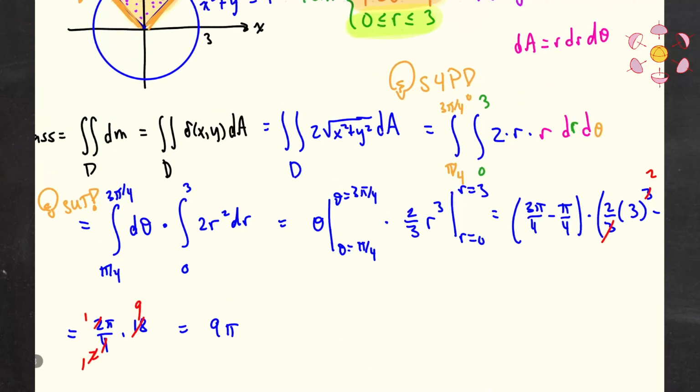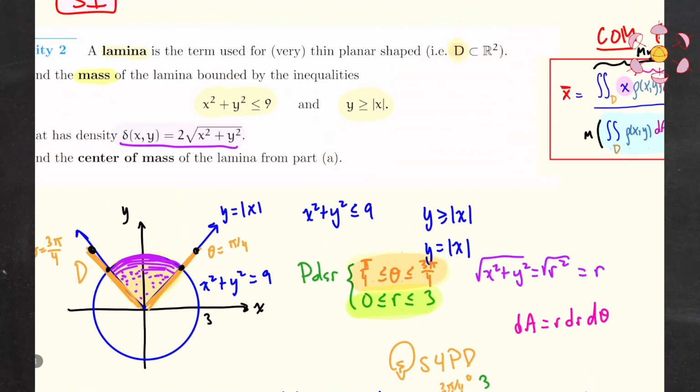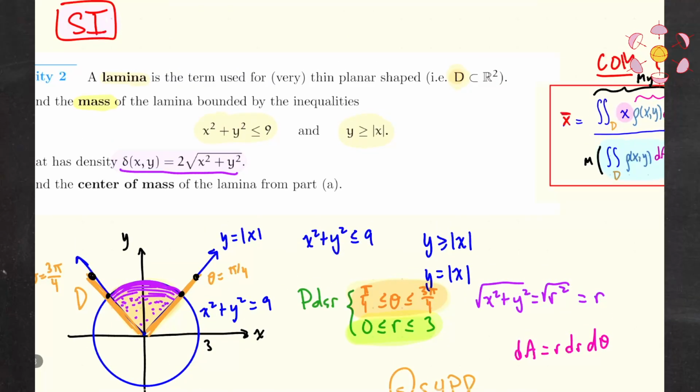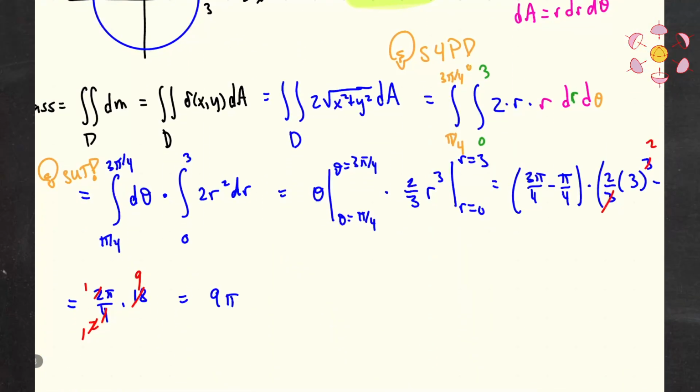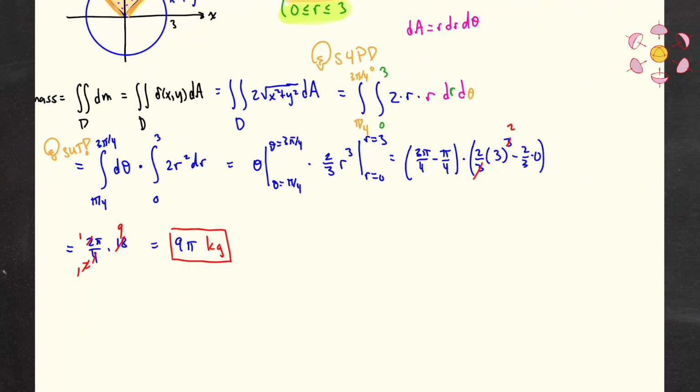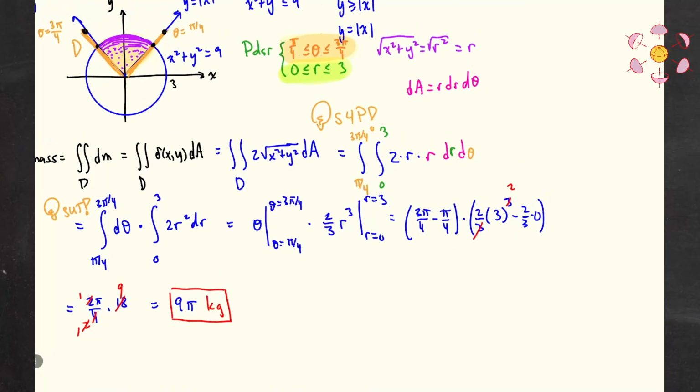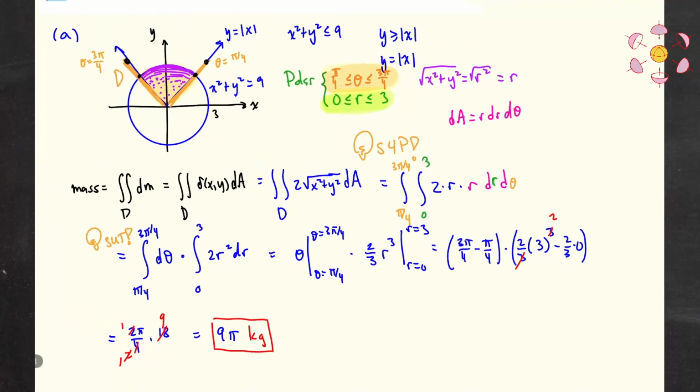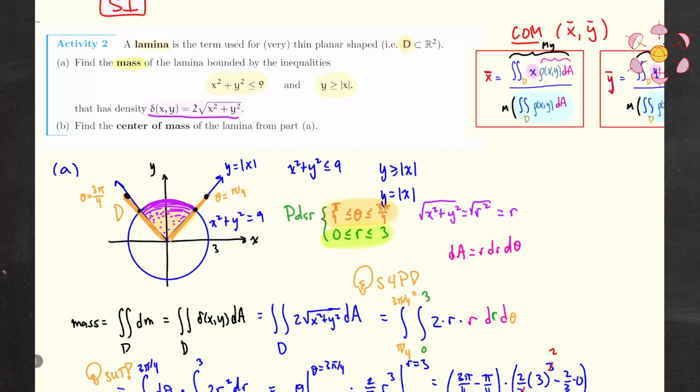Remember my disclaimer that, again, for mass, we'll just use the SI units. So we've got that 9 pi kilograms would be the mass of this lamina. Again, this lamina is kind of funky in that it gets thicker the further away that we go from the origin. All right, wonderful. So there's our mass.